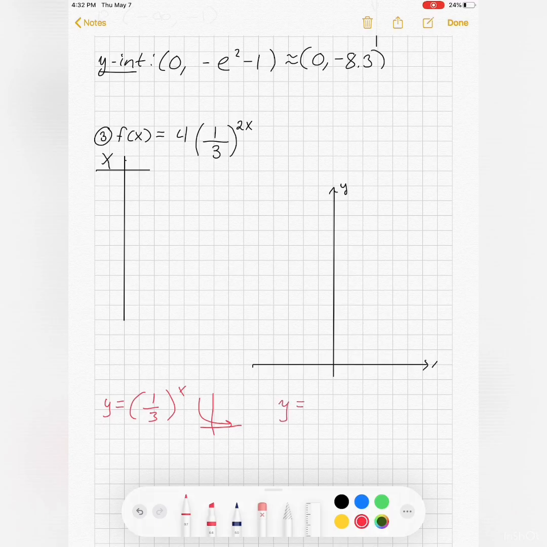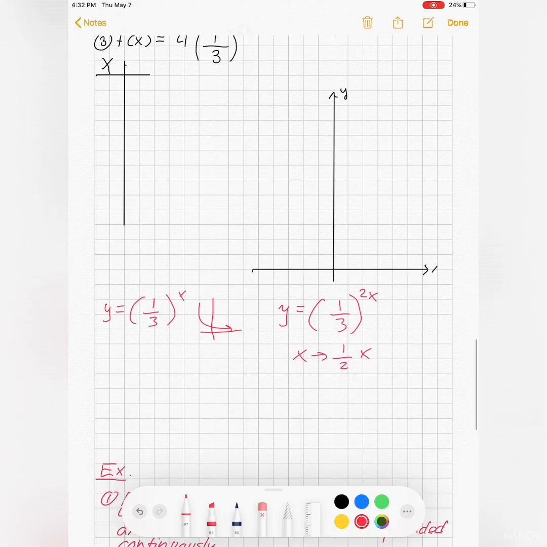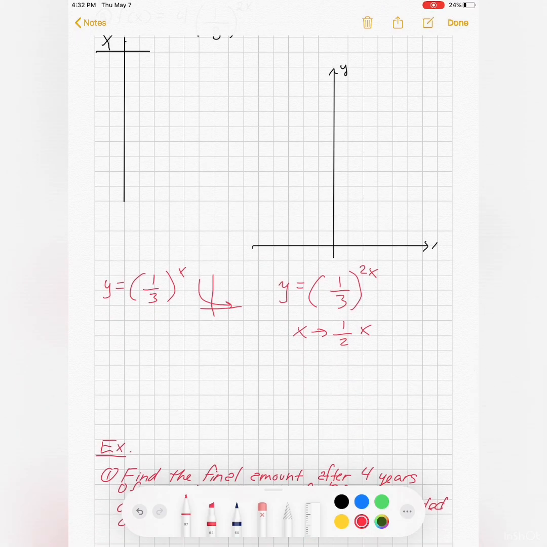Okay, now you see that exponent? That one's the interesting one because that too is affecting x. Remember, x things happen opposite of how they look. So that'd actually be a horizontal compression. I mean, in terms of a rough sketch, it's a little hard to visualize. It'd just be making the graph skinnier.